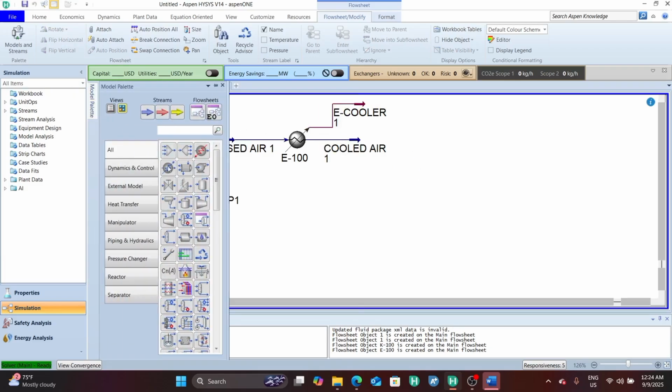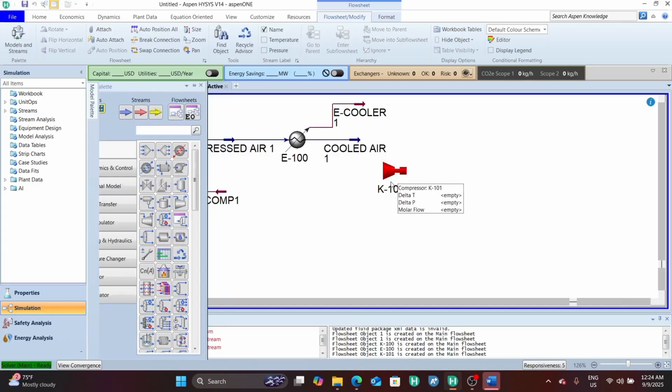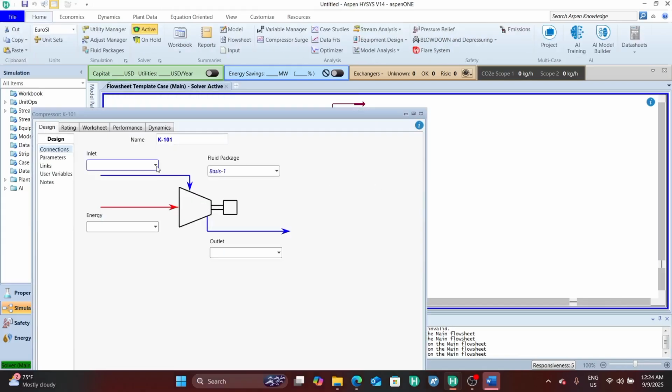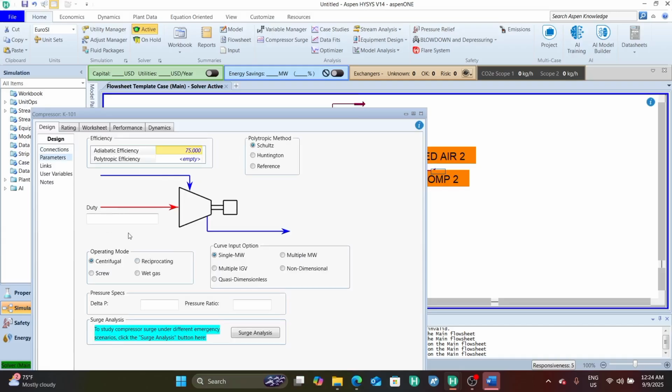So we drop in the second compressor. All right, different compressor, cooled air, E comp 2. Now we call this compressed air 2. And then we give it a change in pressure of 2.5 bar also.